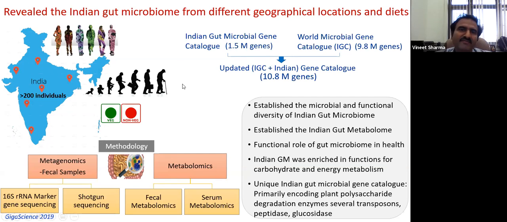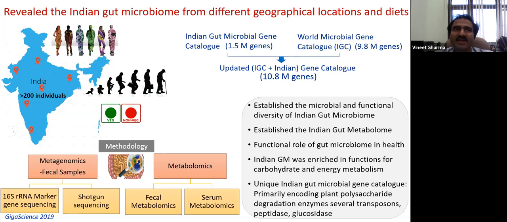There are also confounding factors such as age and vegetarian or non-vegetarian habits, so we have to consider all these factors. The Indian gut microbiome was never explored before in terms of metagenome. Only some glimpses from 16S-based studies were available.